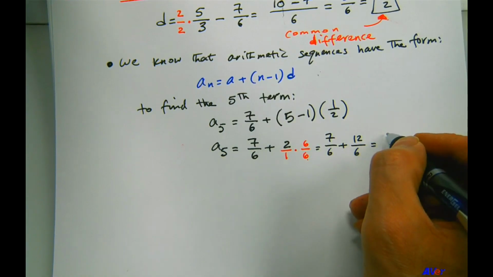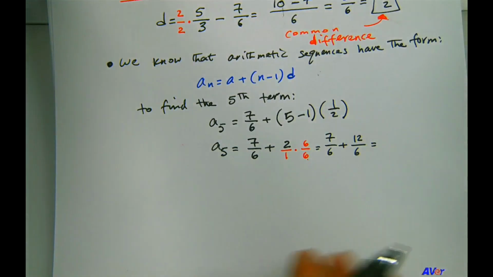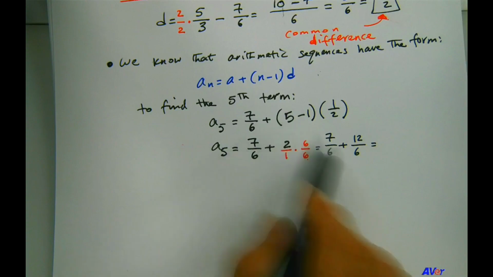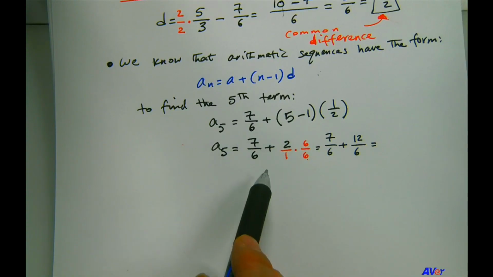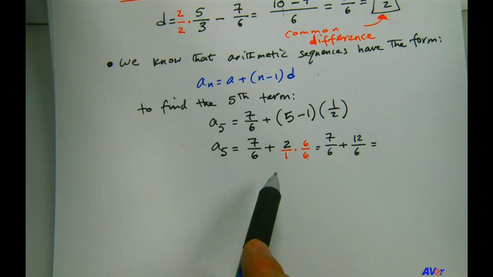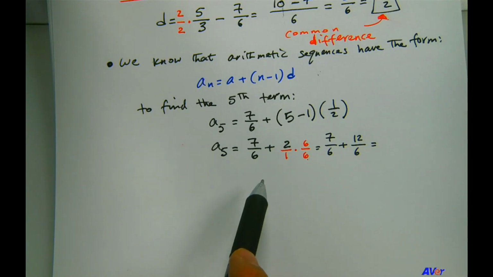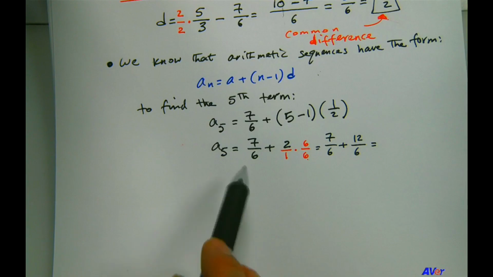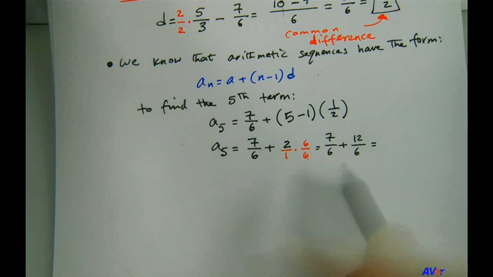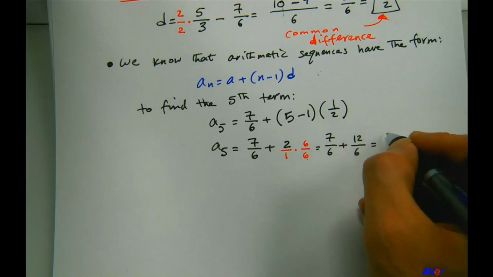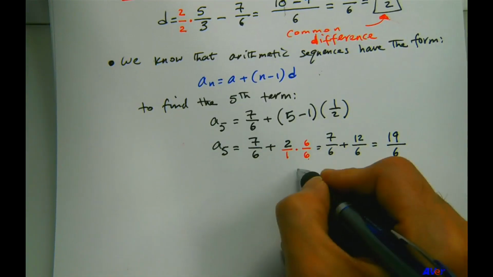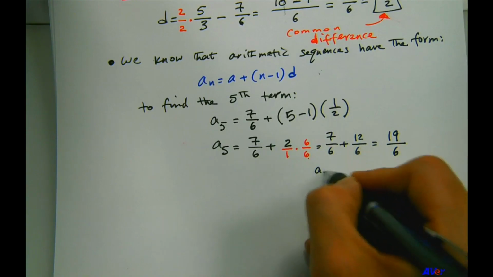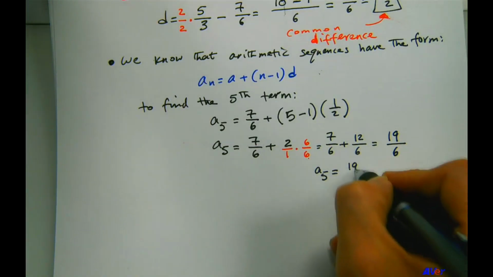Let me make sure that, so yes, that's correct. So we have 19/6. So the fifth term in this sequence is 19/6.